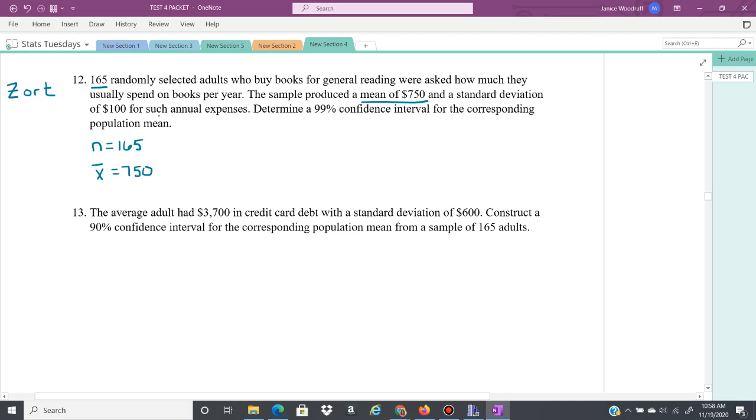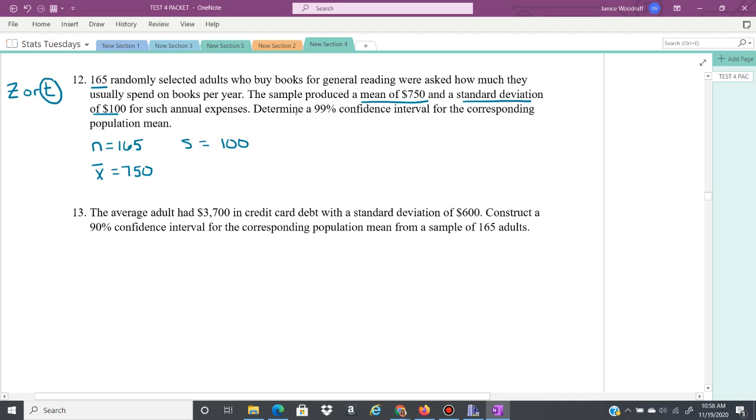We have a sample standard deviation of 100. Sample standard deviation means that I am using a T value. And then we want a 99% confidence interval.